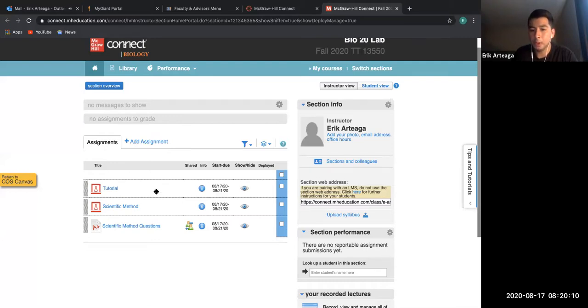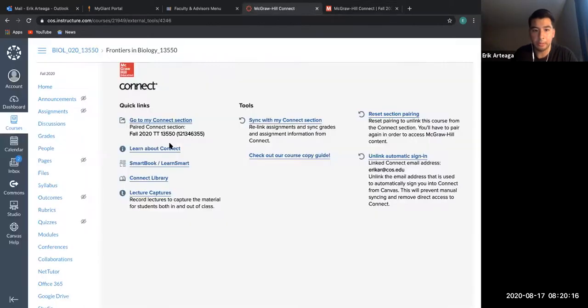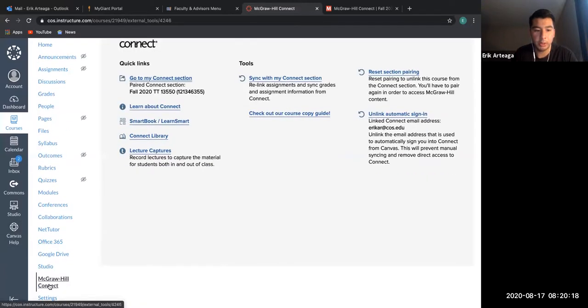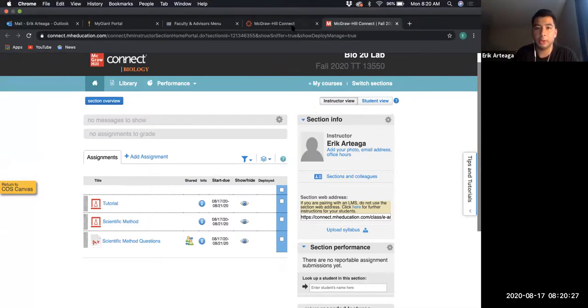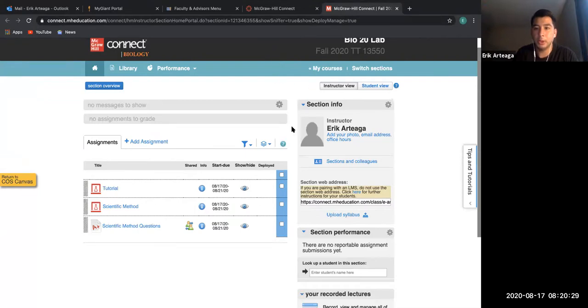So just keep that in mind. Again, you're going to come here, McGraw-Hill, click to go to my section, and then it'll prompt you to sign up for that temporary access code, okay? And that is it for showing you around Canvas for now, okay?